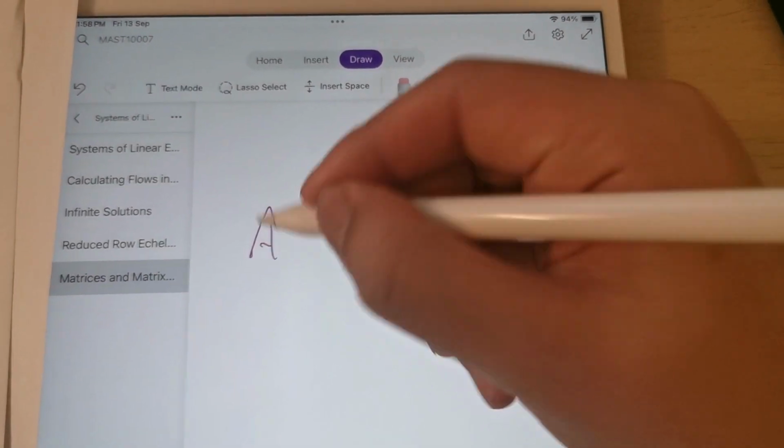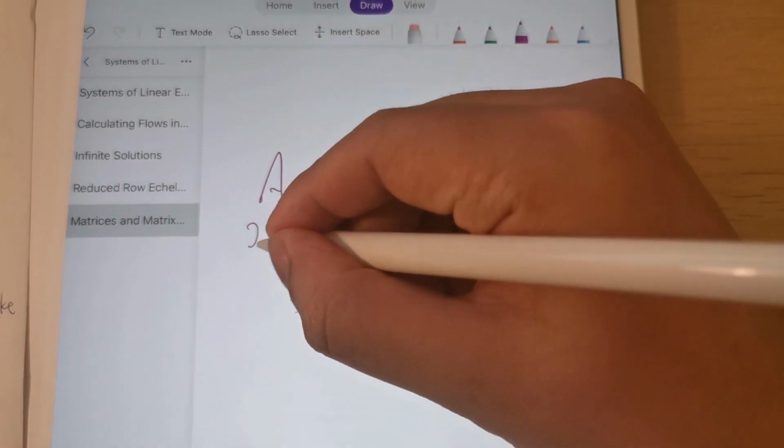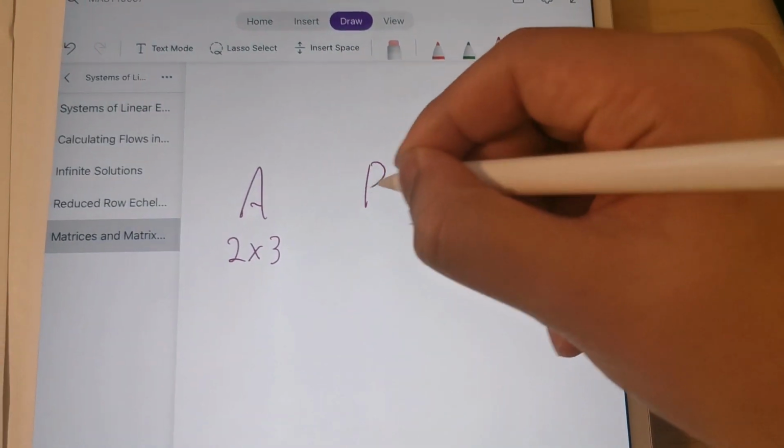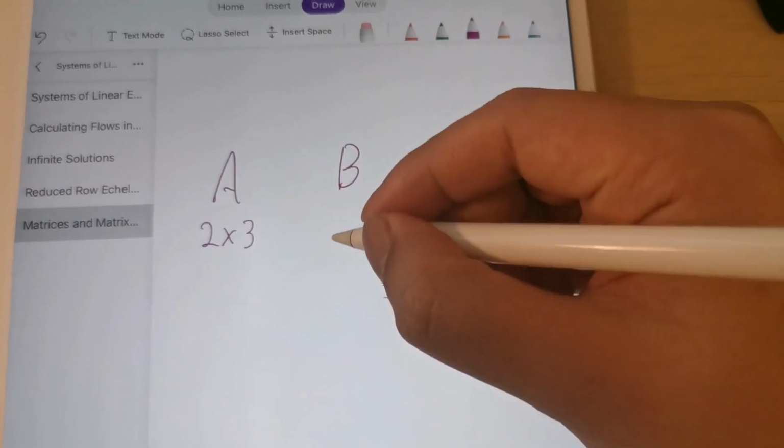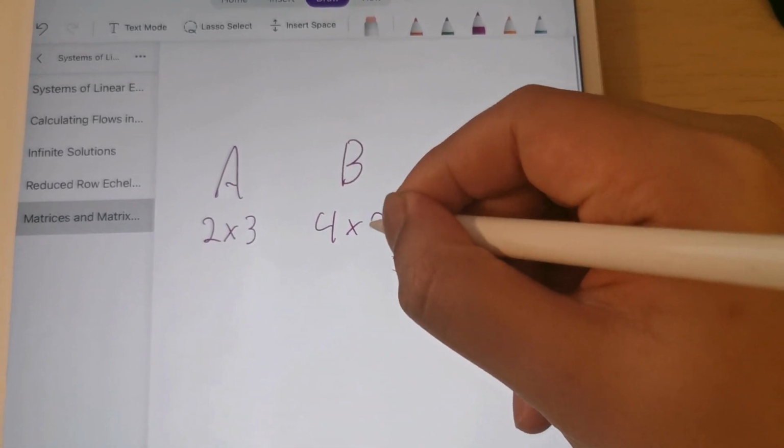And the new matrix AB will take the row of A and the column of B. There's a very simple way to explain this. Say A is of order 2 by 3, and B is of order 4 by 5.